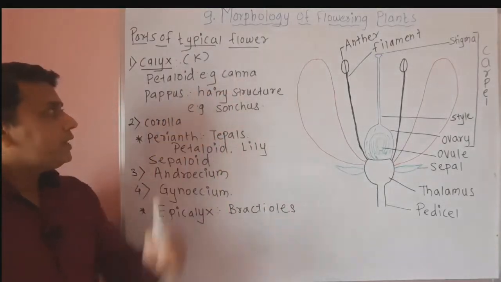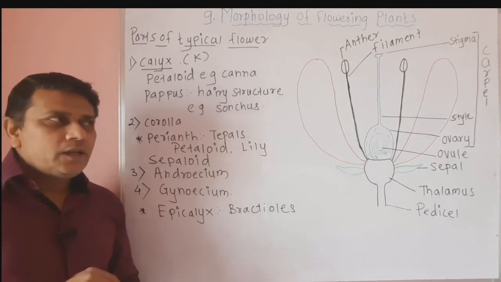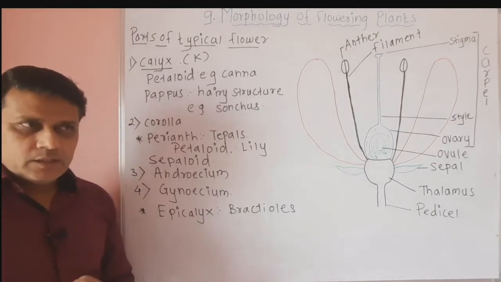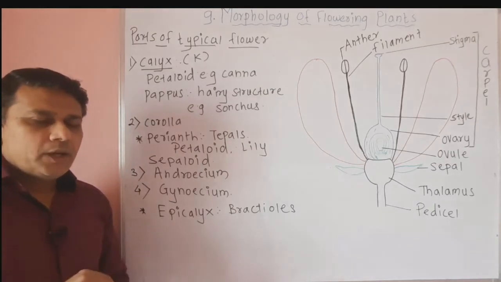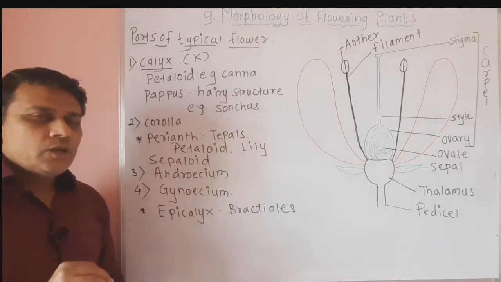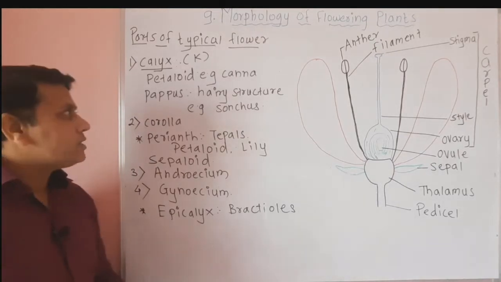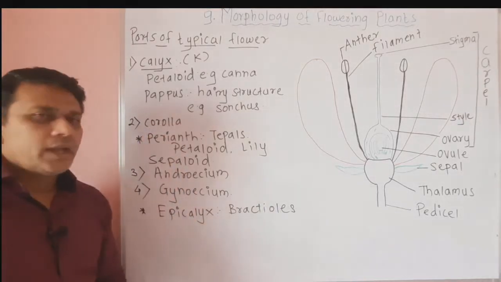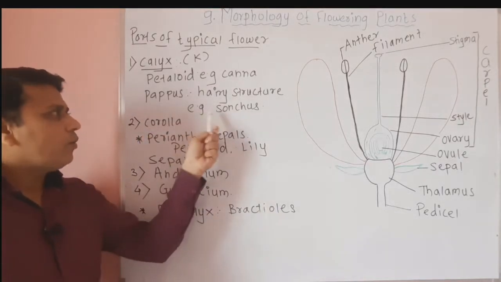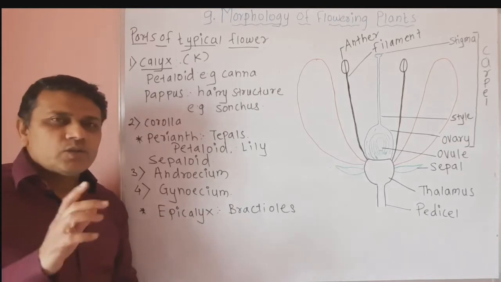An example of it is canna. Similarly, in some plants, the flower may show presence of calyx which contains hairy structure, and such hairy calyx is called as pappus calyx and it is found in plants like Sonchus.